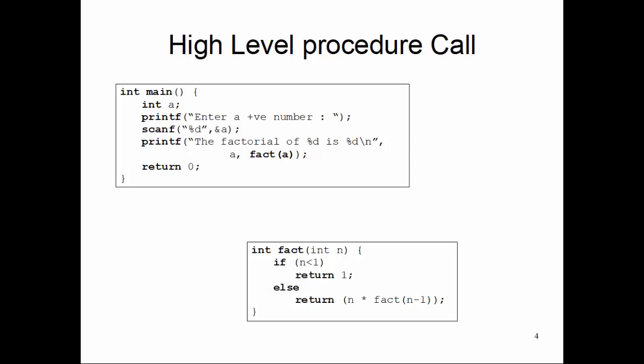So how it works: from main, let's say you type some number a, like 10, 11, 12, etc. In the first call from main, it calls factorial with the value a. Then it goes into the body and checks whether n is less than 1 or not. If it is less than 1, it returns 1. Otherwise, it first calls itself with n minus 1.